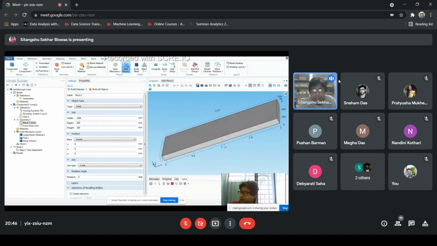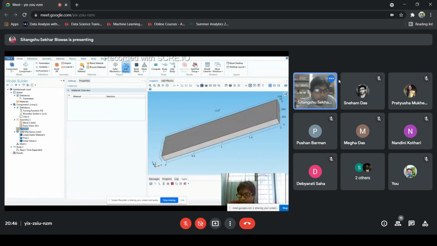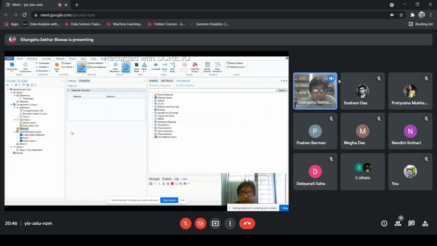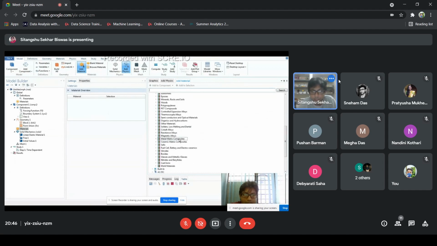Now you have to add the material. You right click on the material tab and go to add material. There is a built-in library, or you can customize your material also if it is not there in the library.